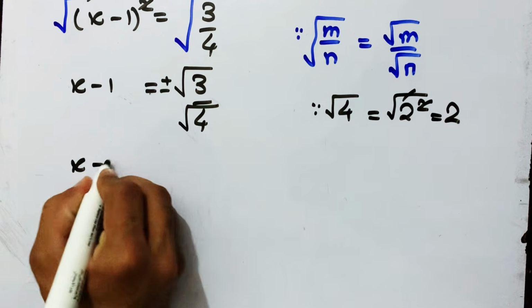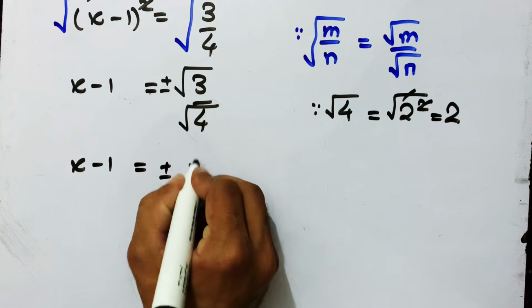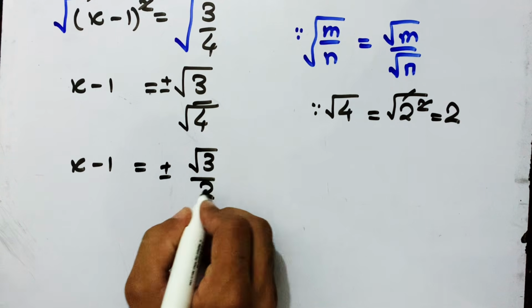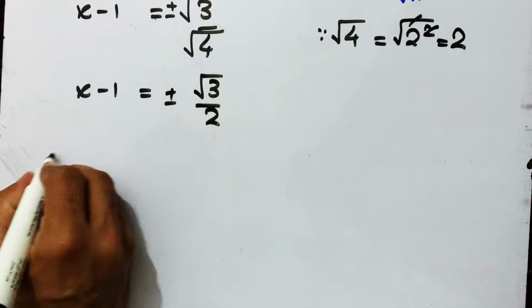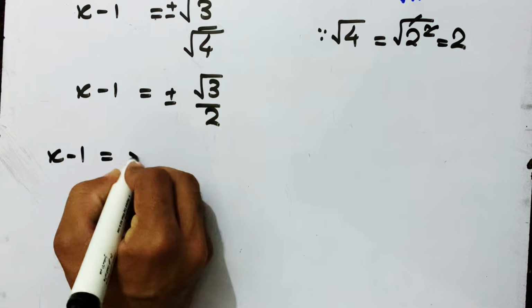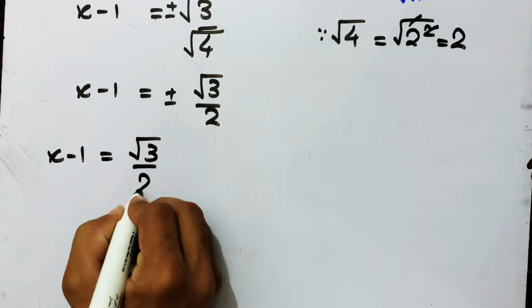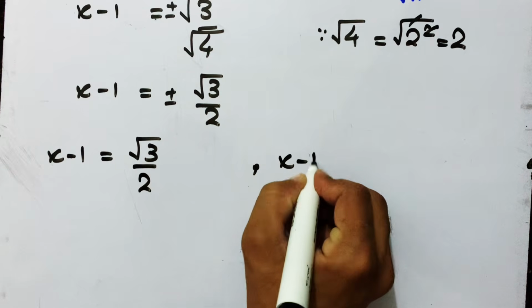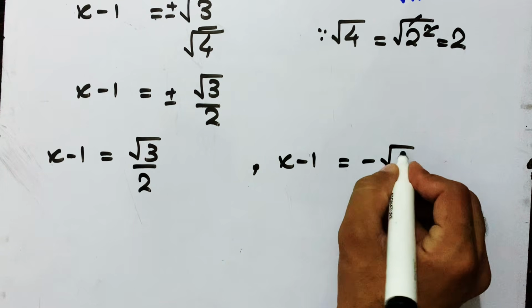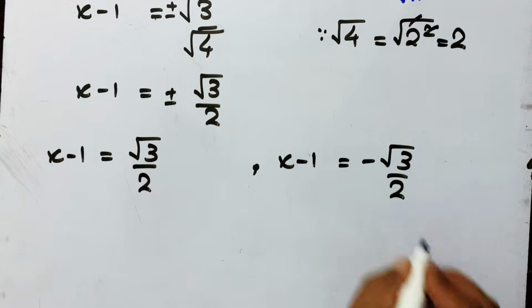So x minus 1 equals plus or minus the square root of 3 divided by 2. This means x minus 1 equals the square root of 3 divided by 2, or x minus 1 equals minus the square root of 3 divided by 2.